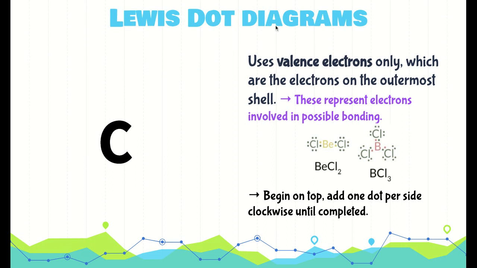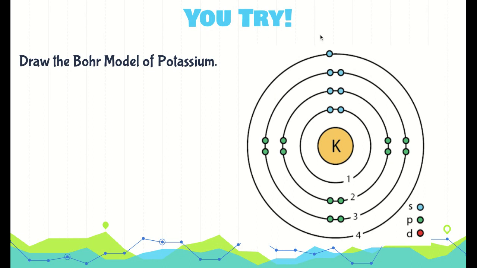The Lewis dot diagrams abbreviate that so that you're only looking at the valence electrons, and these are used for a different purpose. The Bohr model diagrams are longer and more involved. You're adding rings and dots and all this stuff, but this is important for showing the electron configuration, so how the electrons are arranged within the atom.